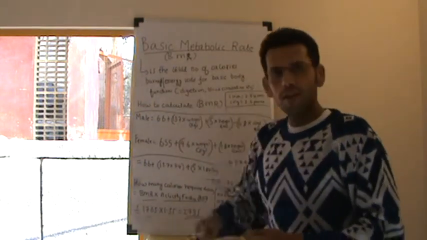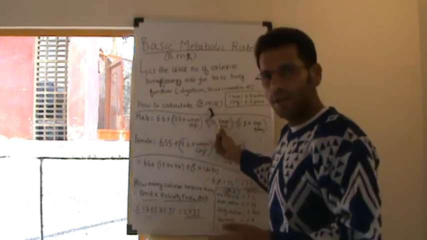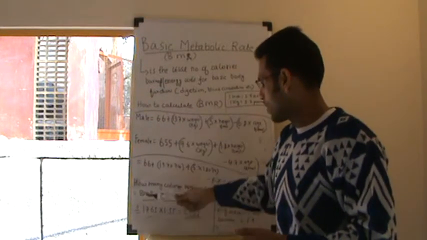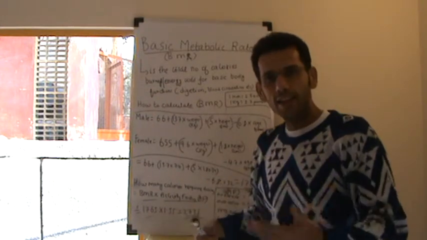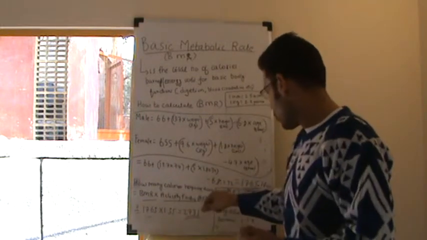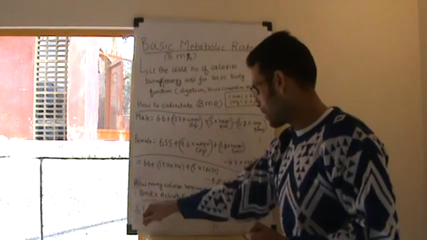So there you are, how to calculate basic metabolic rate, and based upon that, how to calculate the calories you require daily based upon the physical activity. If you have no activity in your life, your indicator will be 1.2. Just multiply that.